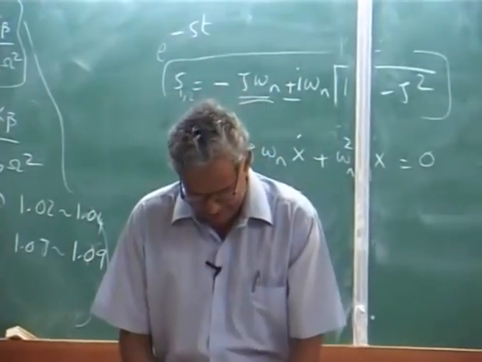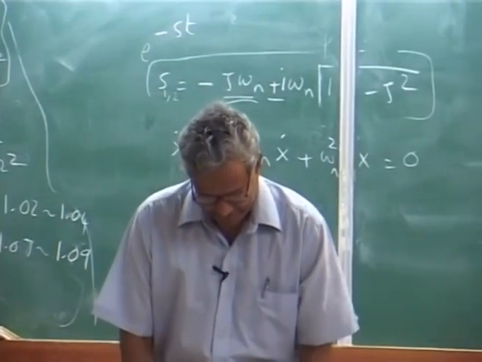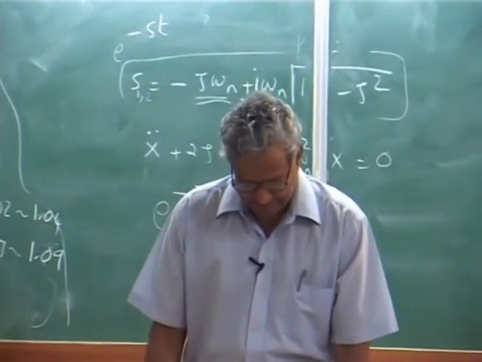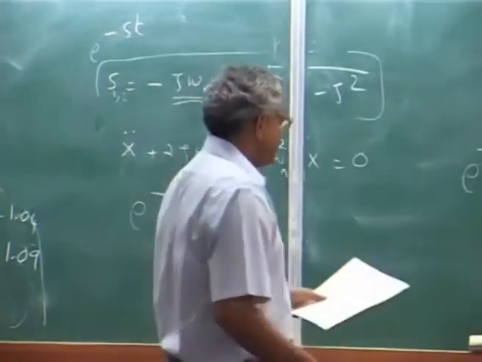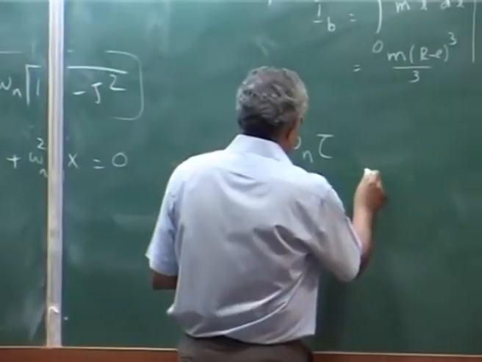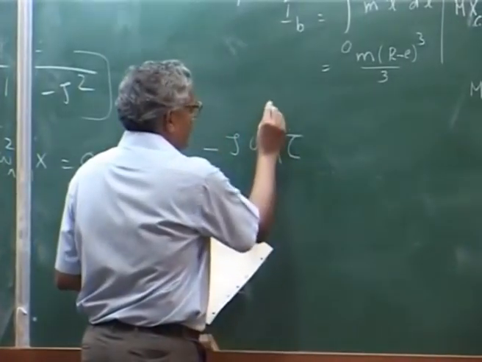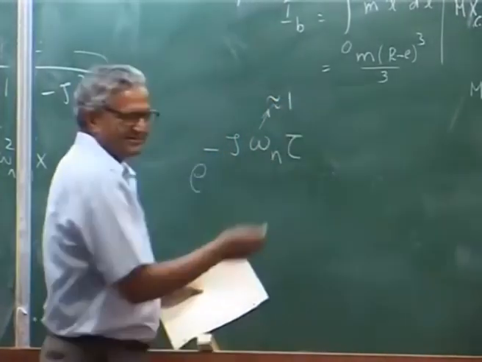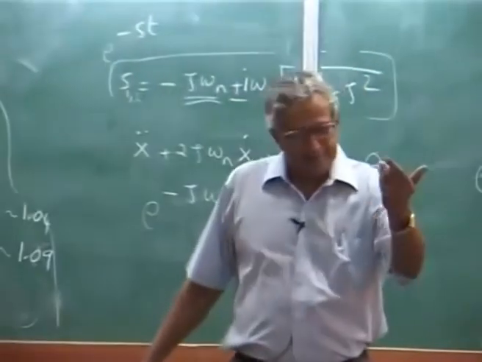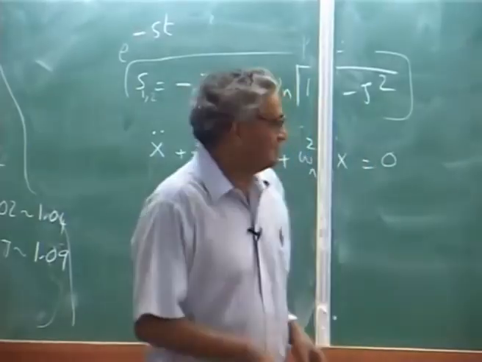I will just briefly mention it here. That is this tau for half. You take this value as approximately 1, do not try to take it exactly, because you know that this is 1.09 or so. You take it approximately as 1.